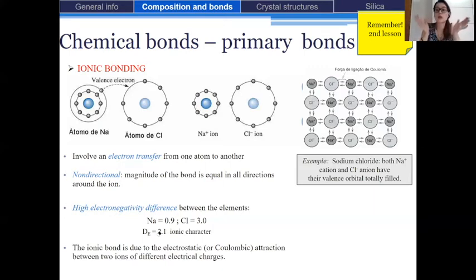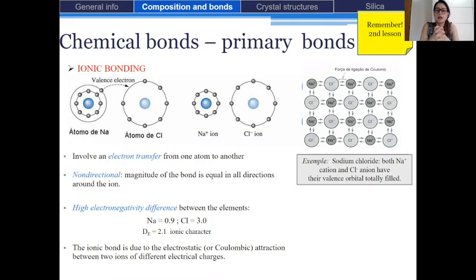But we had already explained that in the case of ionic bonding, we have a high electronegativity difference, and the ionic bond is due to the electrostatic or Coulombic attractions between two ions of different electrical charges. So it is the case in this kind of ceramics.